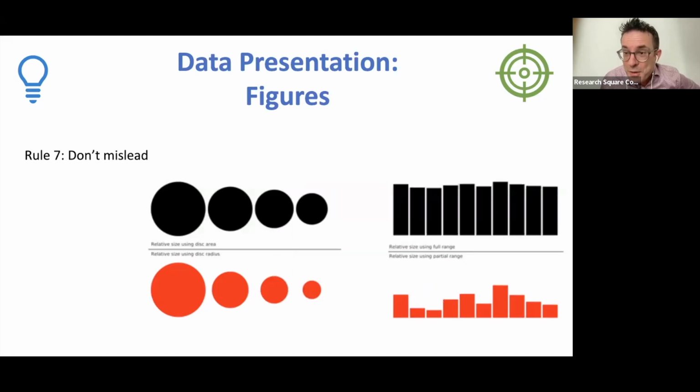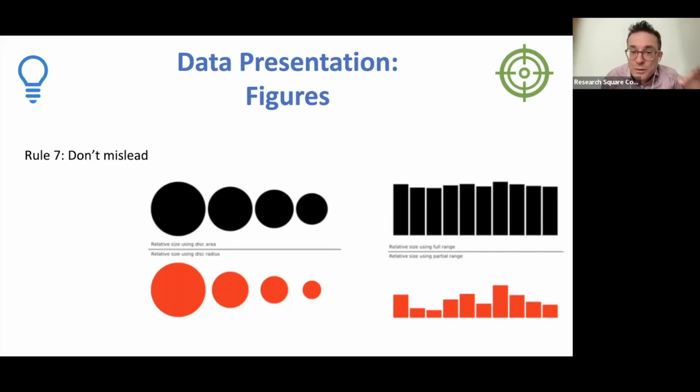And rule number 7, don't be misleading. That's not ethical. Of course, there's always a huge temptation when presenting your data to an audience to massage that data a little bit, or to present that data in a certain way so that you appear to be saying something that you're actually not. Have a look at this example.